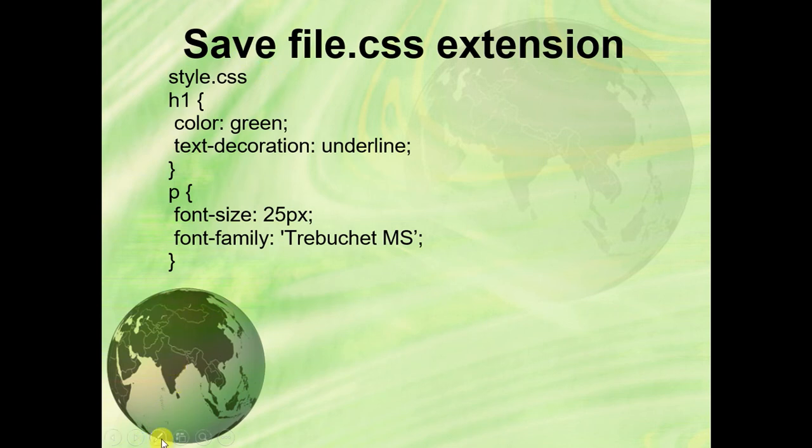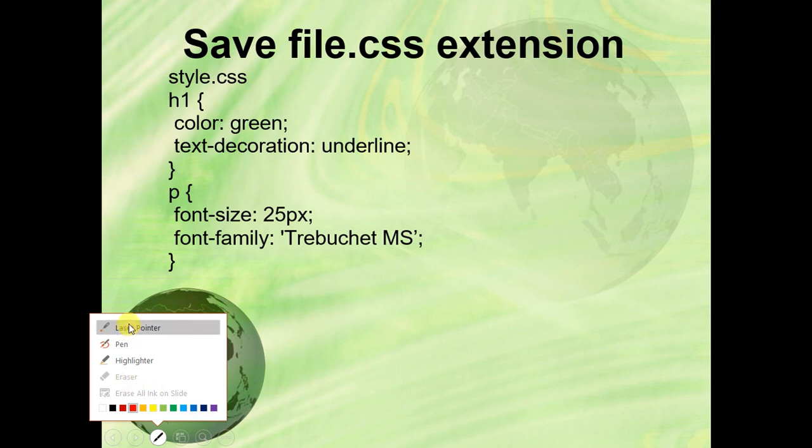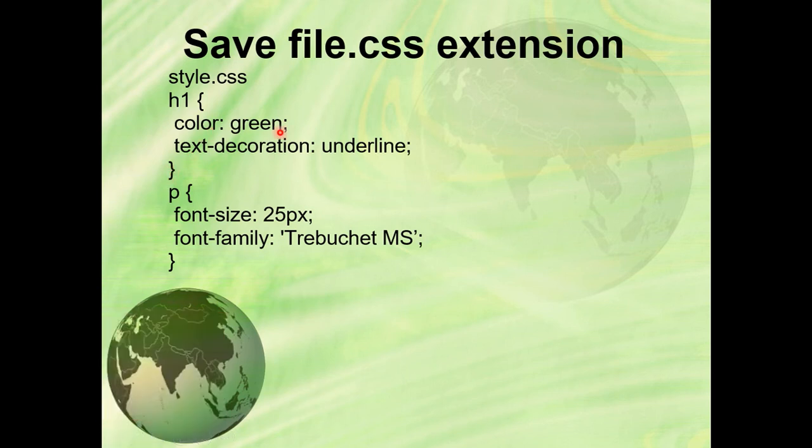Here, color green, text decoration, and also for the paragraph font size and font family, as you already defined in internal style and inline style. Properties are the same, but the description is different. Now I want to define it in the external file, another file. The file name is CSS3.css. Give any name, only save it with .css.